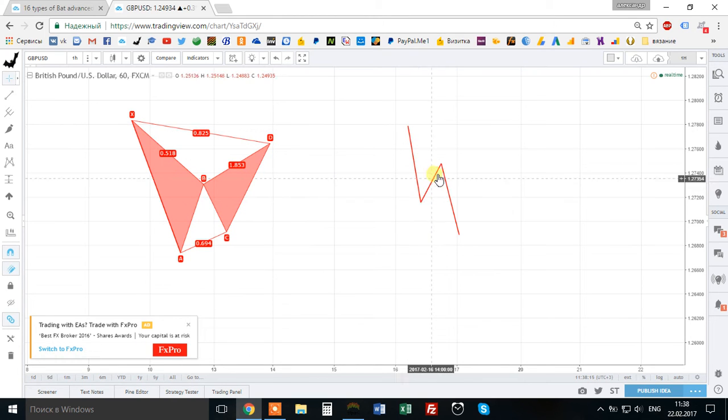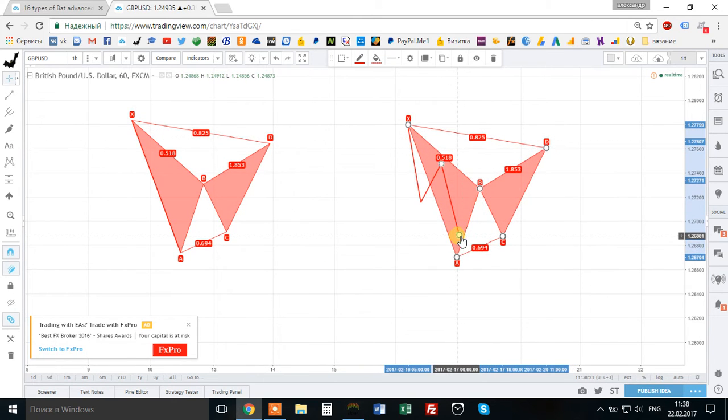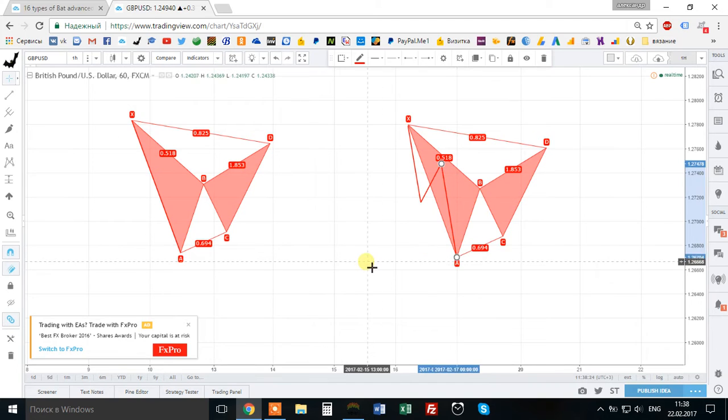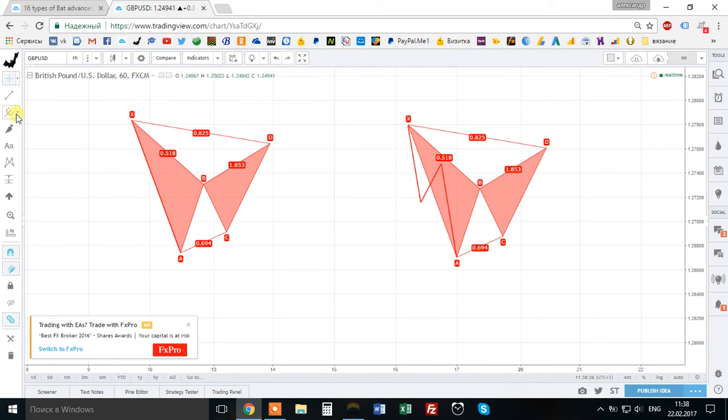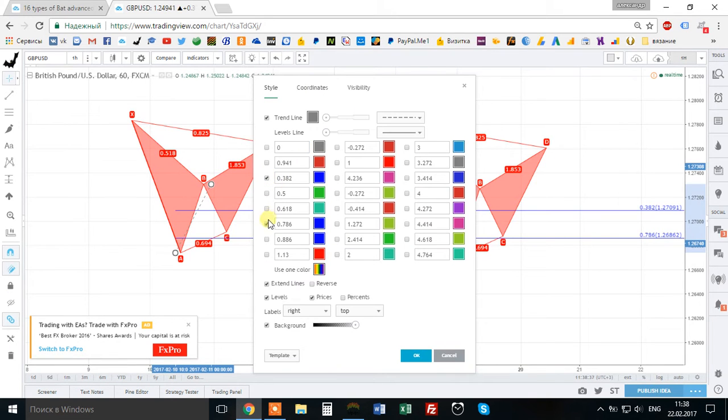So what does interrupted mean? What does that correction mean? It is very simple. I had only one criterion. It should not be more than 38.2 of AB.